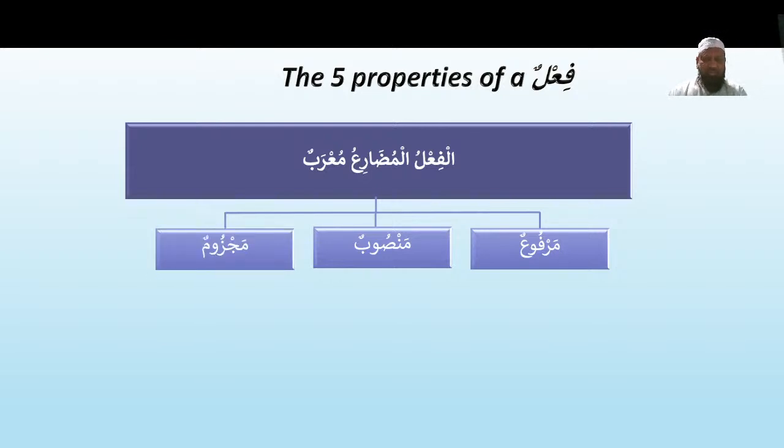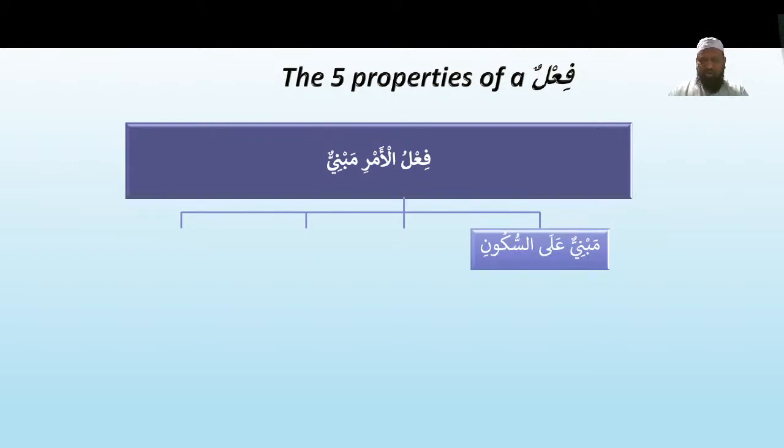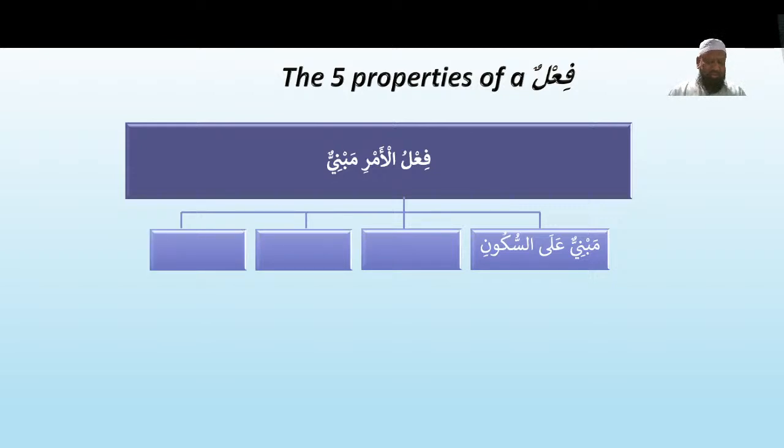Number 3, it can be مجزوم. فعل الأمر can be مبني in 4 ways. Number 1, مبني على السكون. And the rest 3, as I said in the last lesson, we will learn them later in the later lessons.